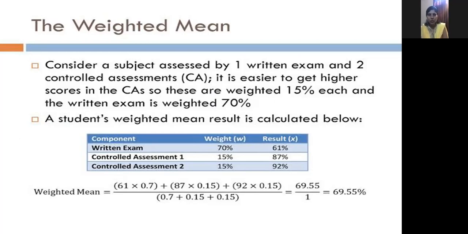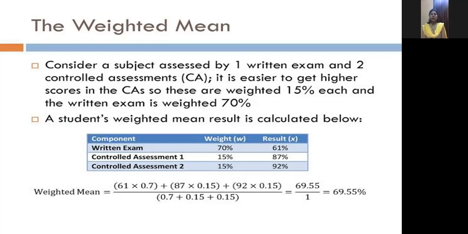After finding the summation, we get 69.55. And below in the denominator, we get the value 1. So on solving it, we get the weighted mean as 69.55%. This is the weighted mean of the student.